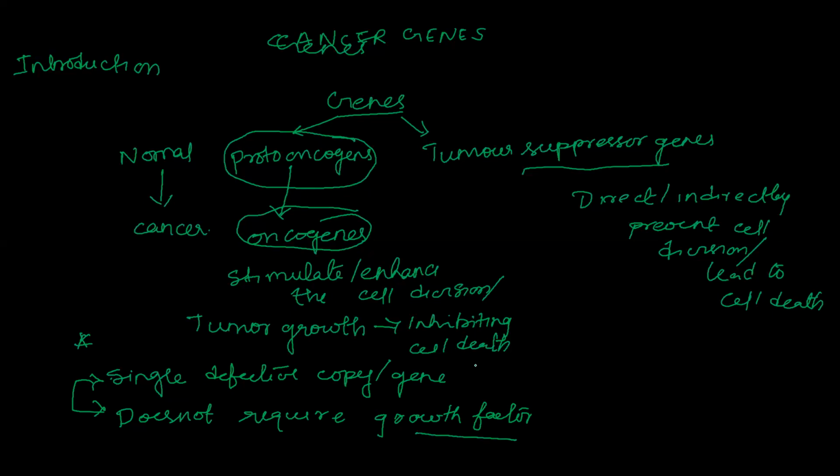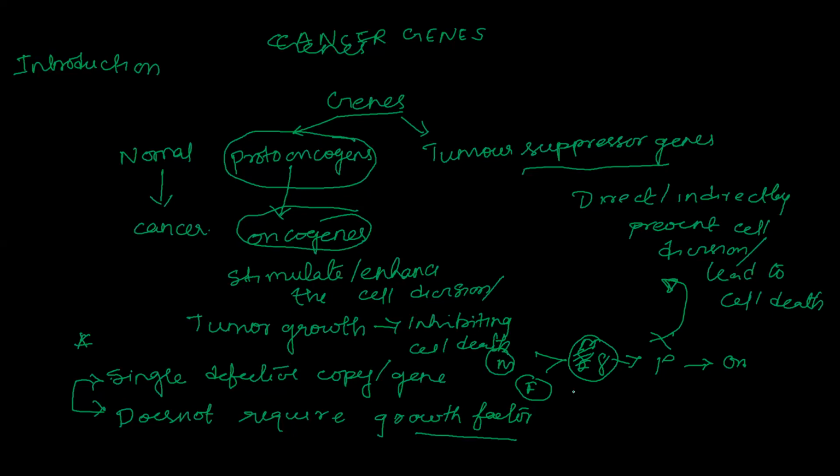That means, suppose from the mother and father the daughter will definitely have both the genes, right? If either the father's or mother's one gene is altered or has some defect, this alone is enough to change proto-oncogenes to oncogenes, right? But this is not the same in the case of tumor suppressor genes.